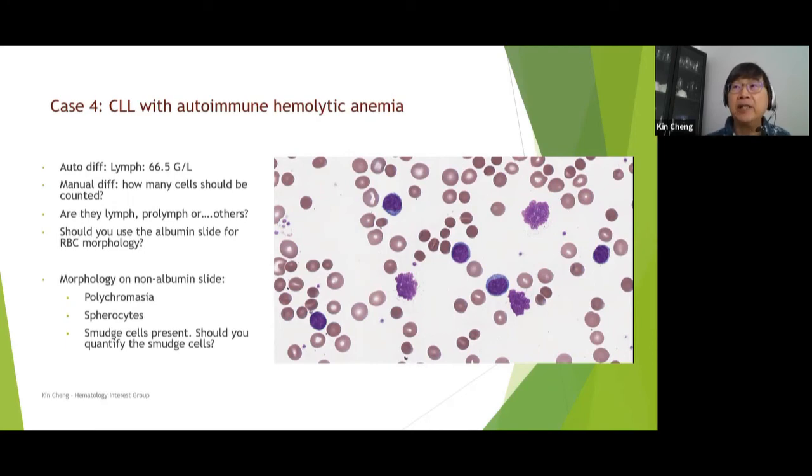Another very important thing is that people don't realize that smudge cells are an in vitro phenomenon, right? So I would rather take the automated diff, which counts 8,000 white cells. When you do a manual diff on a CLL patient, even if you do 100 cells or 200 cells, you can easily just report 100% lymphocyte.